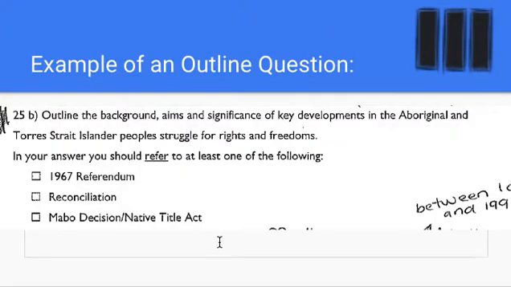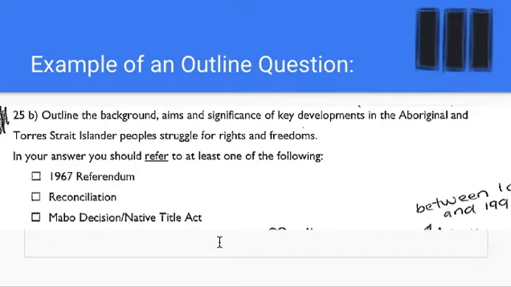Here I provided an example of an outline question. This was from last year's history exam for Year 10. And so I'll just read the question out first. Outline the background, aims, significance and key developments in the Aboriginal and Torres Strait Islander people's struggle for rights and freedoms.